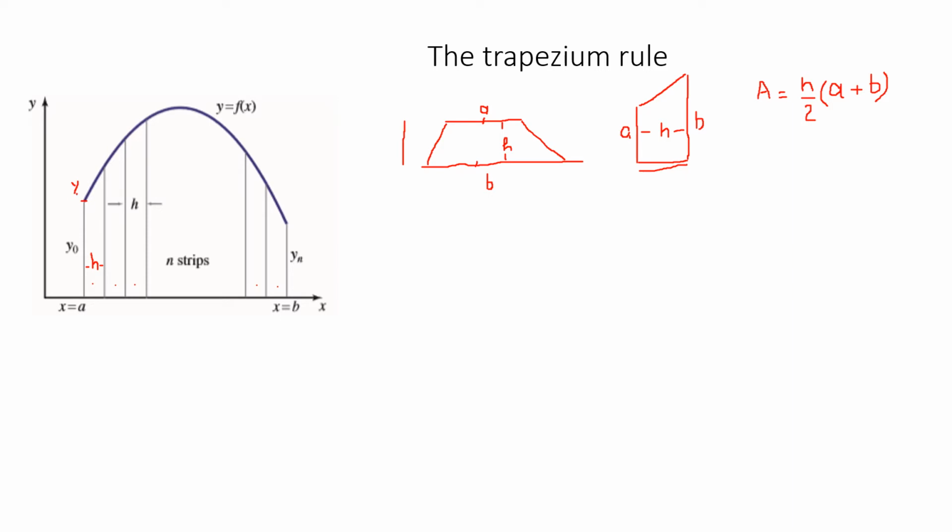0 is one height of one side of the trapezium. Another height is second side of the trapezium.